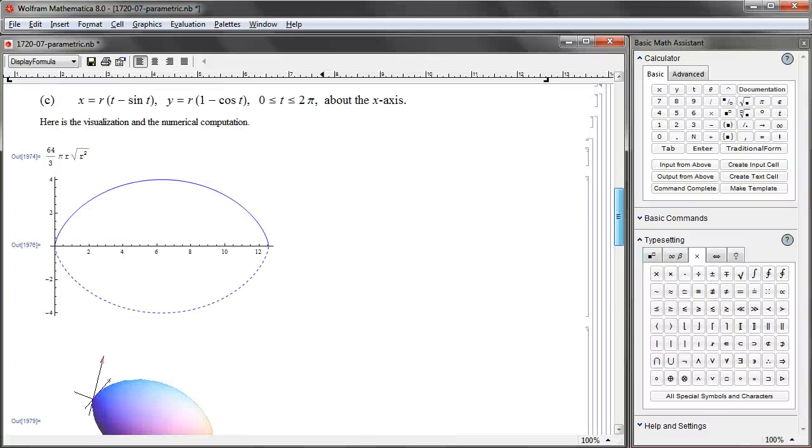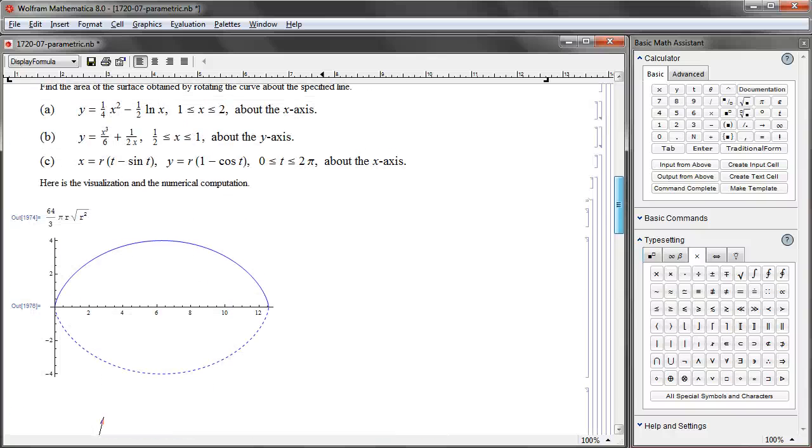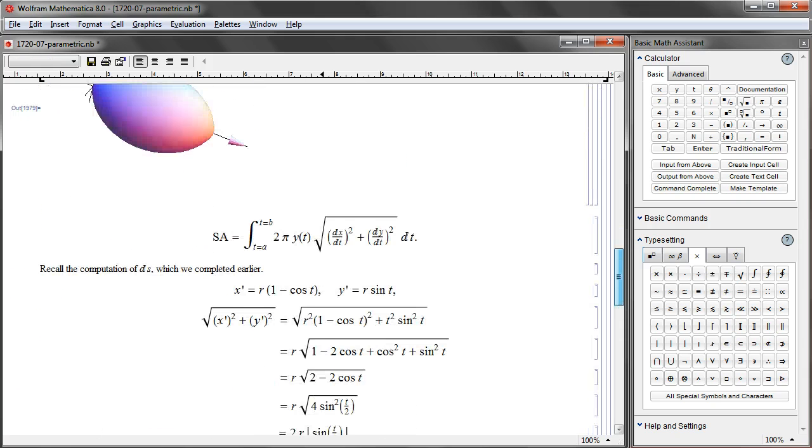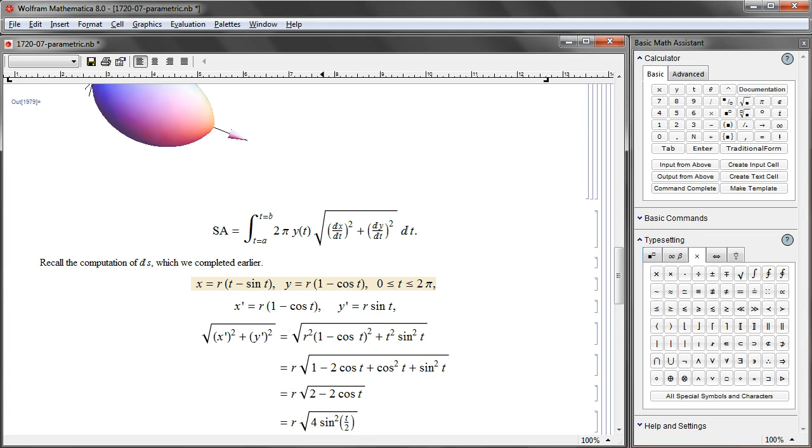Excuse me, I think I made a typo here. X is r times, okay, alright, oh sorry, no, there is no typo there. So x is that and y is that. So that y part will be replaced right over here. And then x prime and y prime, you have this kind of computation.